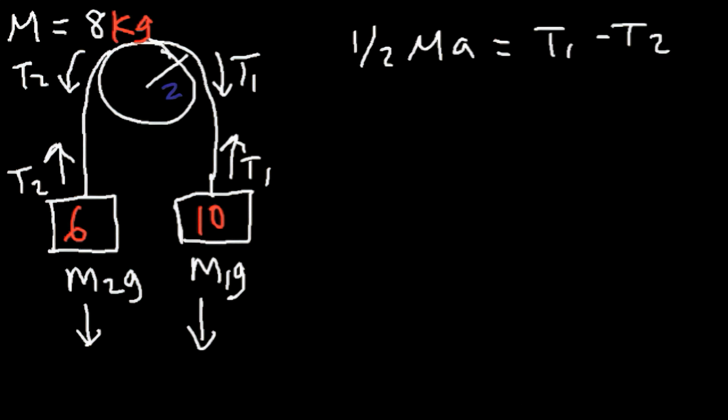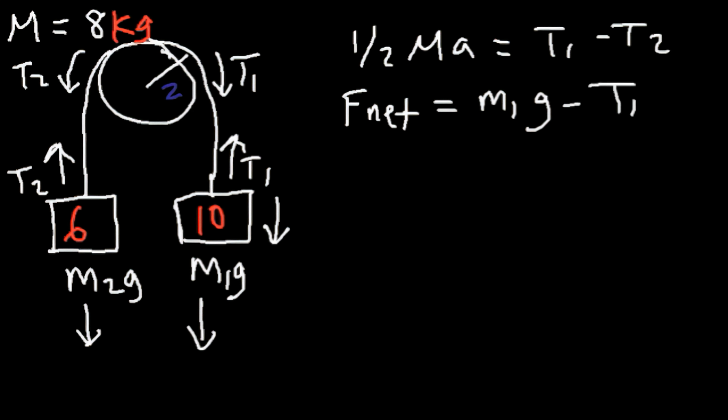So now, let's write an equation for T1 and T2. So we have a net downward force acting on block 1. That net force is equal to the difference in the weight force and the tension force. Since this system is moving this way, m1g is greater than T1. So m1g minus T1 is equal to the net force.